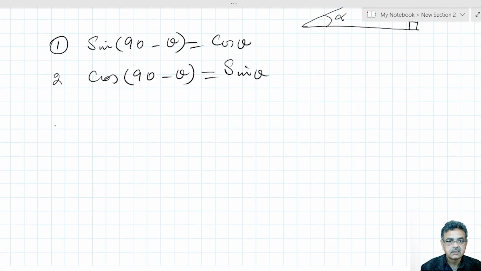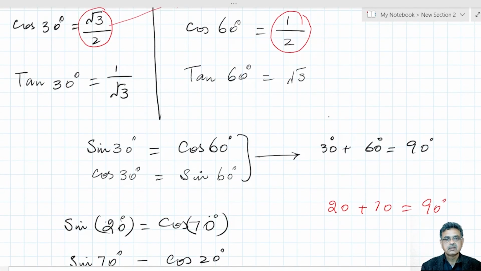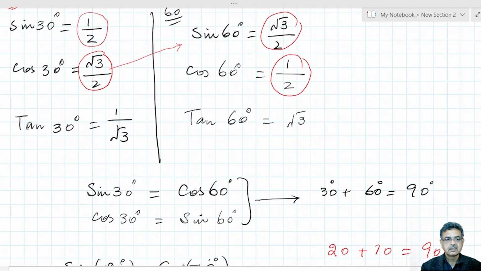And third, about tangent. What about tangent? You can see here that tangent 30 degrees is 1 upon root 3, and tangent 60 is root 3. So how can we relate them?